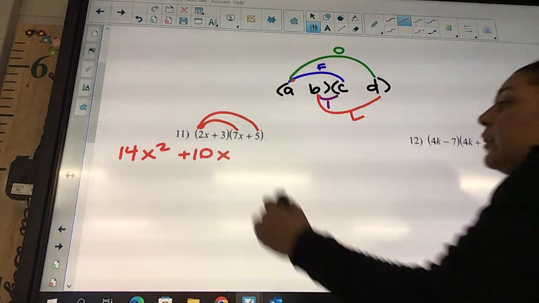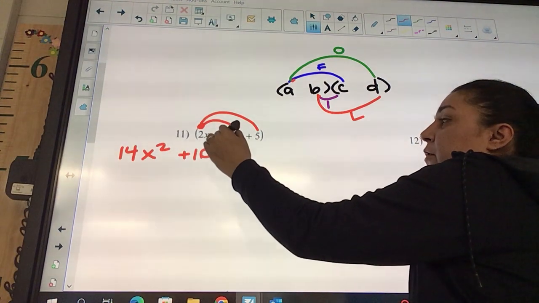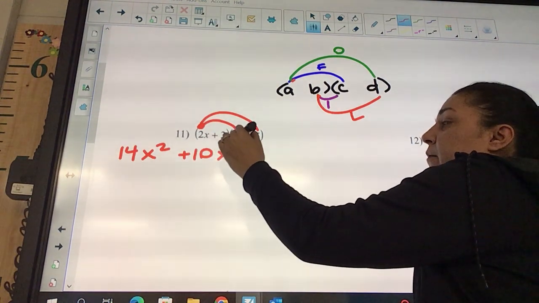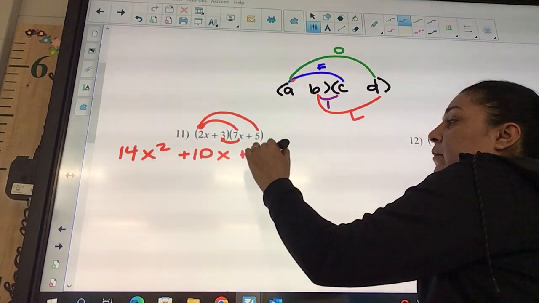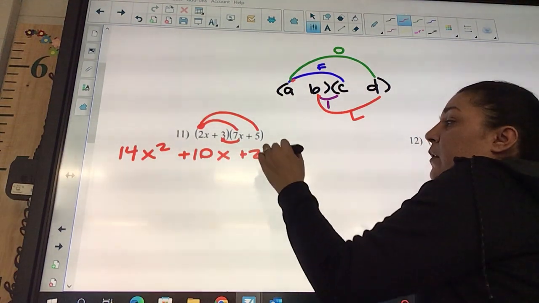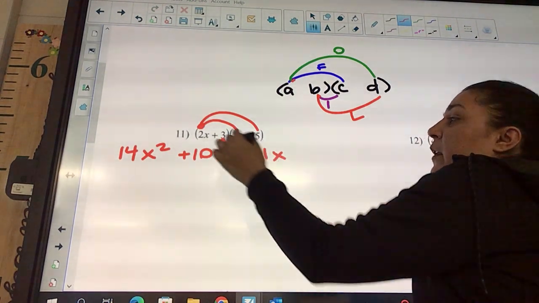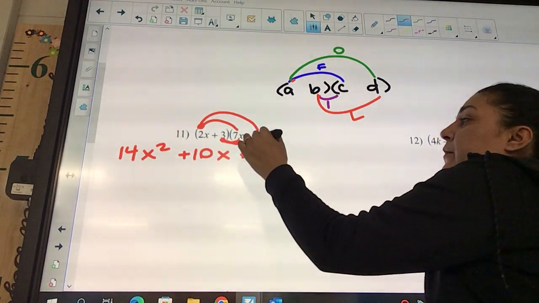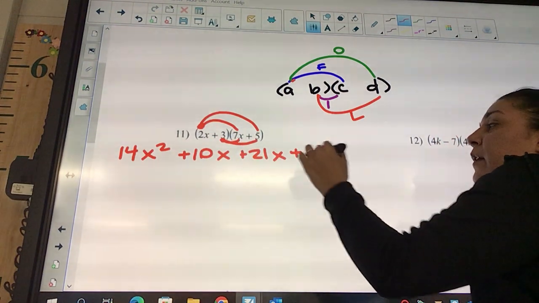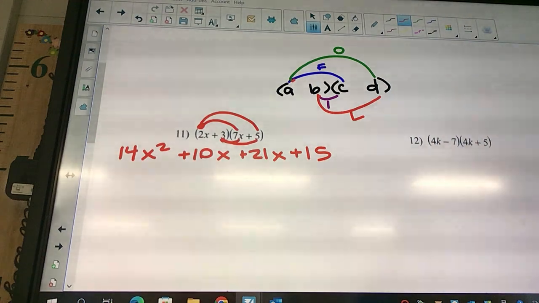Okay, and then we're going to do this bottom one times the other 2. So 3 times 7, 21. How many x's? 1. 3 times 5, 15. And then how many x's? None.